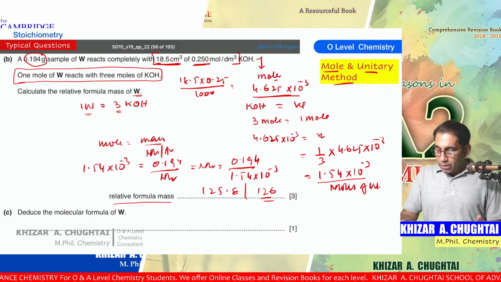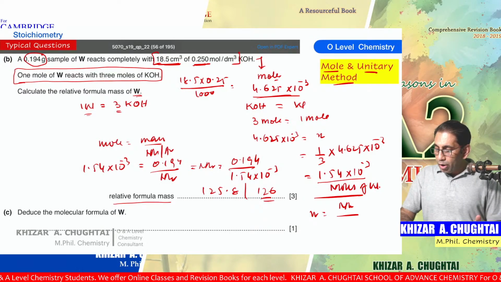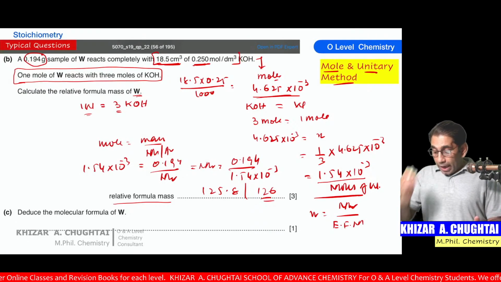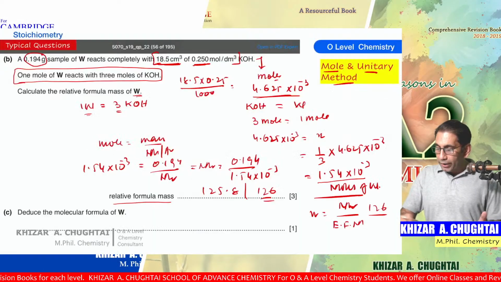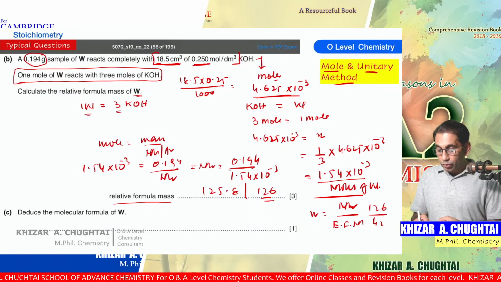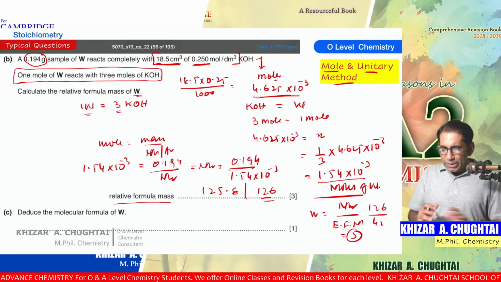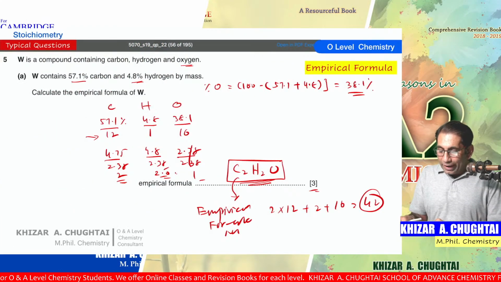In this case, I'm going to find N. N is equal to MR over empirical formula mass. MR is equal to 126 almost, and the empirical formula mass is equal to 42. 126 divided by 42 is equal to 3, correct? N is equal to 3. So it's quite easy now, the easiest way to find the molecular formula.